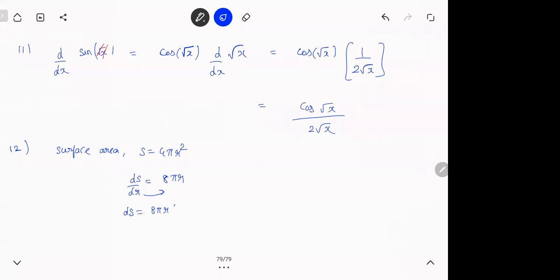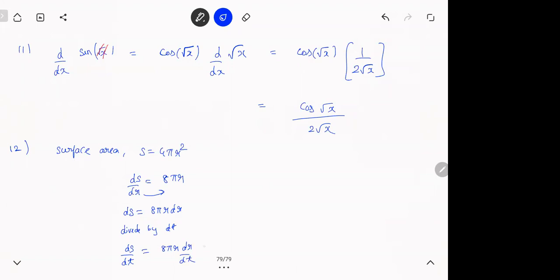So this would be 8 pi r dr divided by dt. Actually, you can directly differentiate with t now, but okay. So ds by dt is what is given. ds by dr is not given. When they say it is increasing at a rate of 5 centimeters square per second, this would be 8 pi r dr by dt.